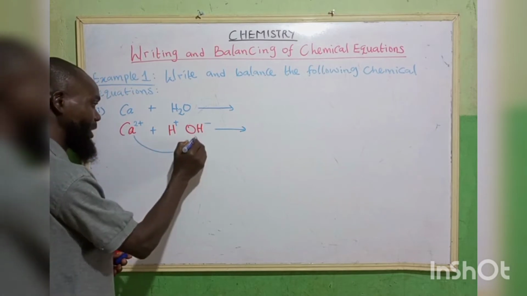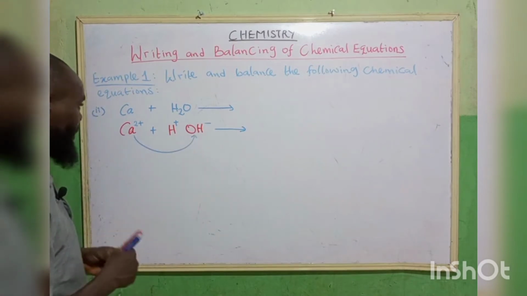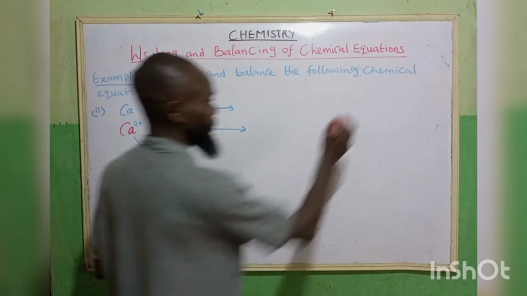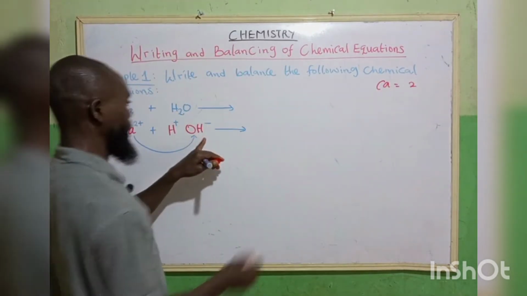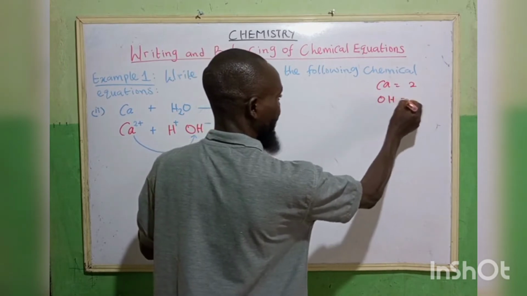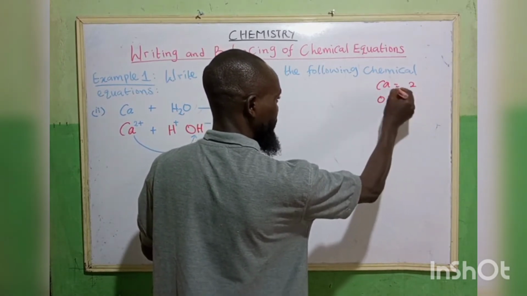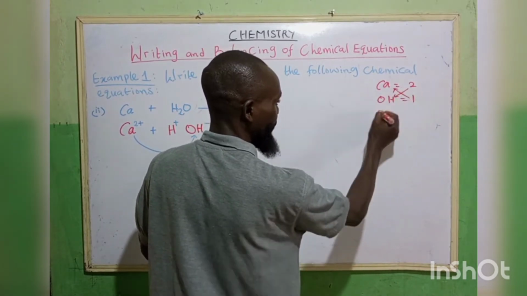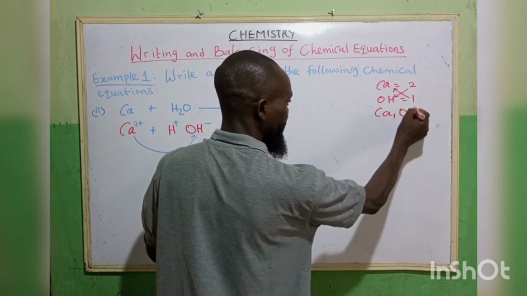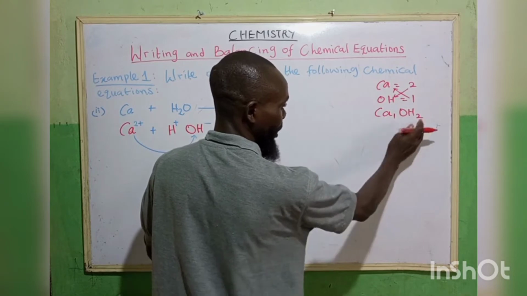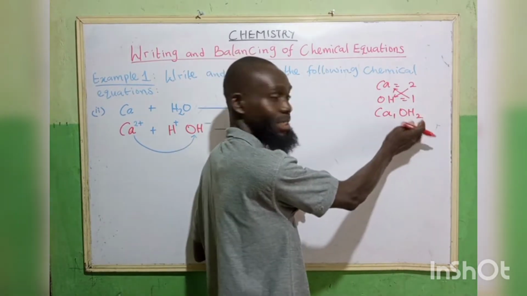Now, positive will mate with negative. Now, for positive to mate with negative, we have calcium, Ca, having 2. Then we have OH, having 1. So cross multiply. Then we have Ca, 1 is coming here. OH, 2 is coming here. So when I put it like this, it means my hydrogen is having that 2.